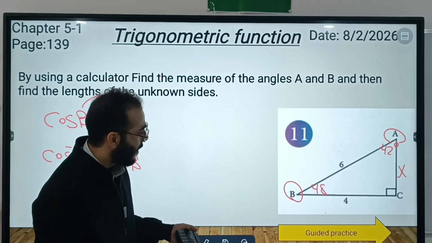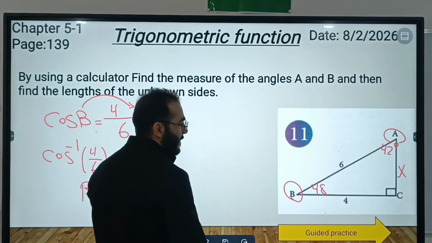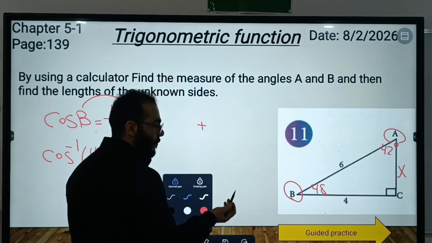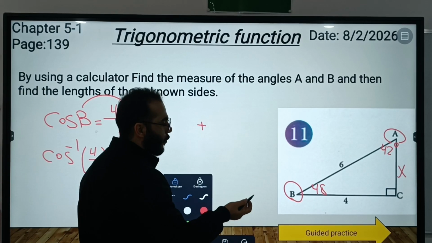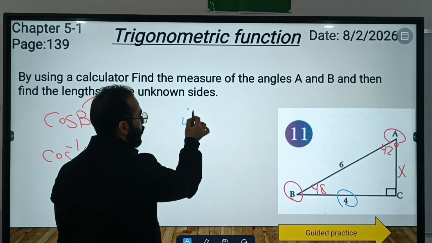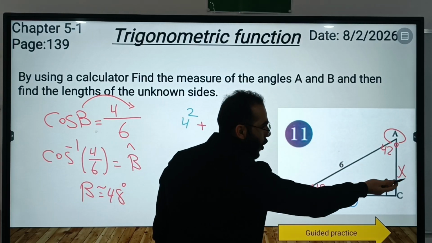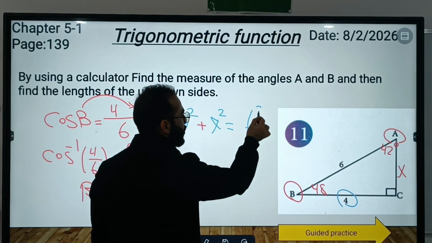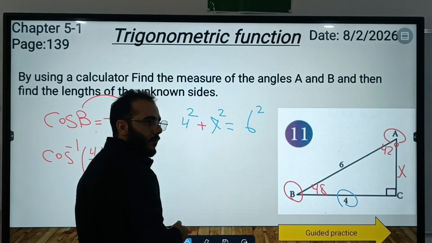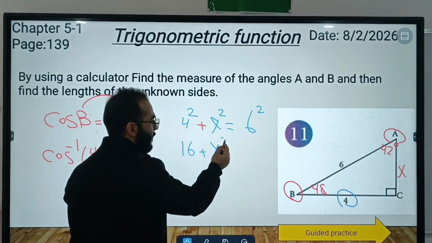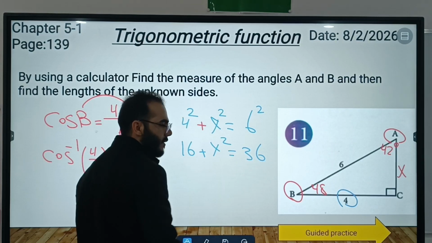It says that the sum of the legs squared, so this leg is 4, so 4 squared plus, do we have this one? No. So x squared equals the hypotenuse squared, which is 6 squared. So 4 squared is equal to 16 plus x squared, we don't have it. 6 squared is equal to 36.